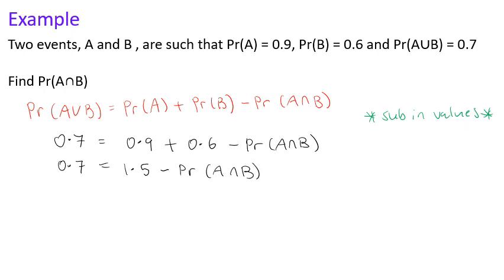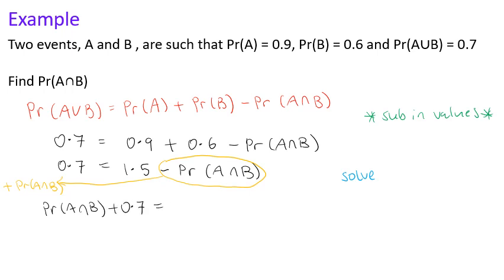Now I solve. I'm going to plus this to the other side because the opposite of minus is plus. So plus A and B. So I've got probability of A and B plus 0.7 equals 1.5.